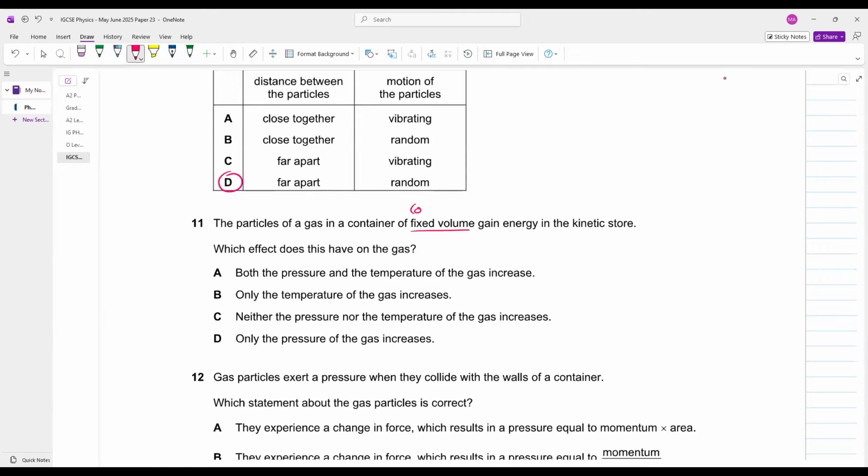The particles of a gas in a container of fixed volume. Okay, so your volume is fixed or you have constant volume. Gain energy in the kinetic store. If your kinetic energy is increasing, what does this mean? We have studied kinetic energy is directly proportional to temperature.